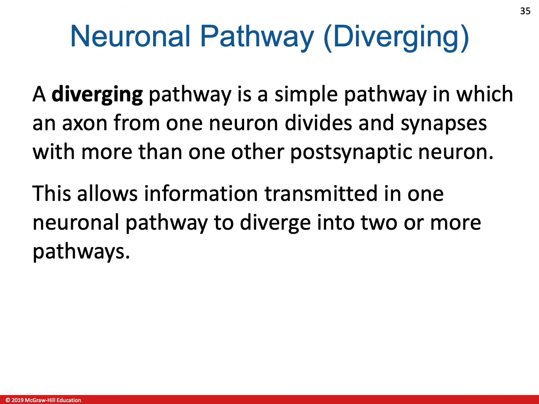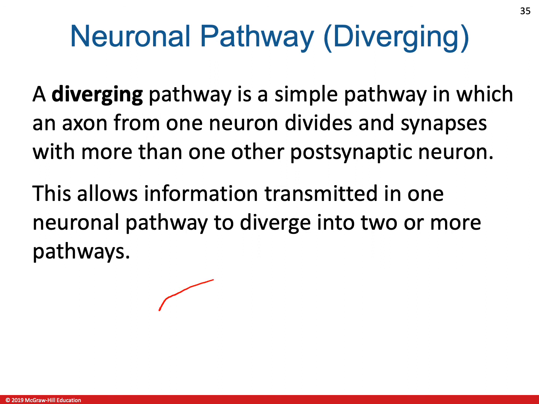Next is the diverging pathway. It is a simple pathway in which an axon of one neuron divides and synapses with one or more other postsynaptic neurons. So meaning there's a neuron having multiple axon branches, right?